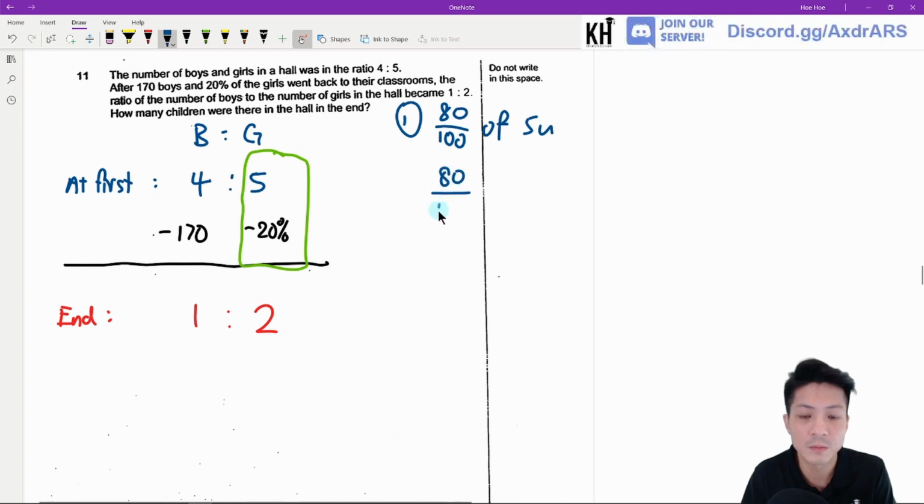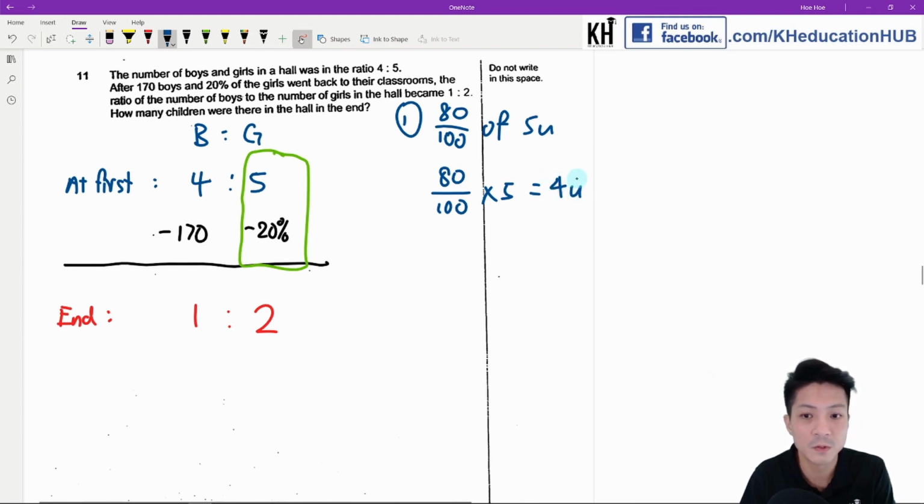Okay, that would be 80 over 100 times 5, which is going to give me 4 units. Which means that after 20% of the girls went back to the classroom, there should be 4 units left.